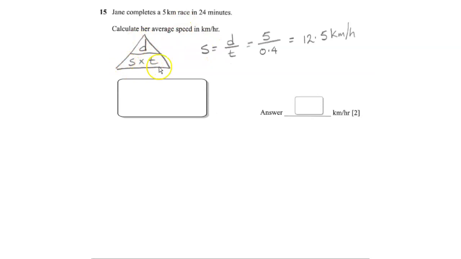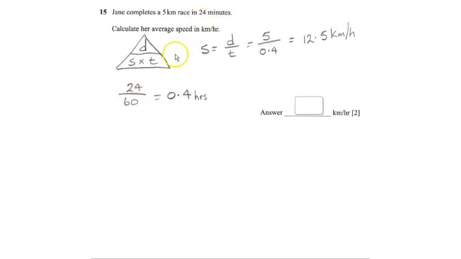So this is your triangle. If you cover the speed up, you know that it's distance over time that you're looking for. You can see it's 5 over 0.4. It's meant to be 24 minutes, but how do we get 0.4? So we take this 24 minutes and we change it to hours. We divide it by 60 because there's 60 minutes in an hour.